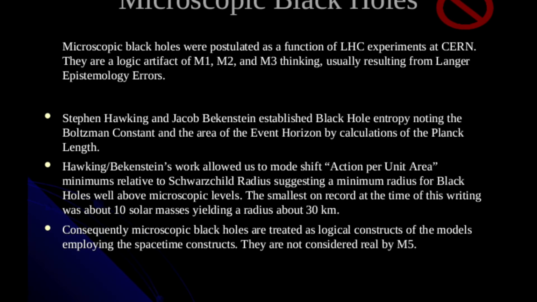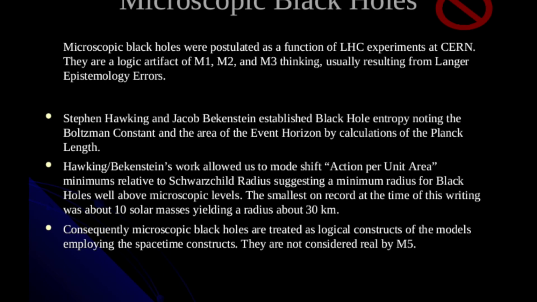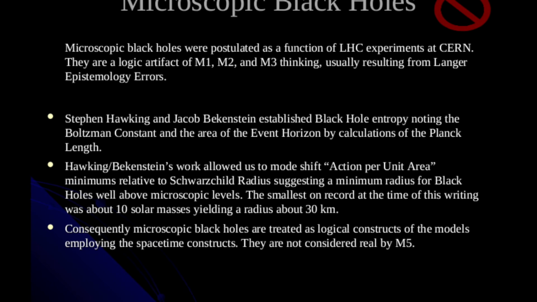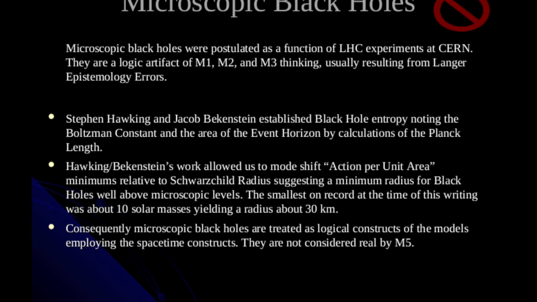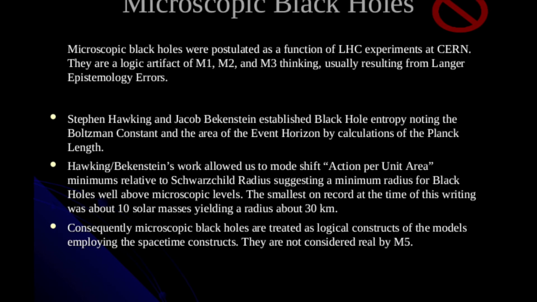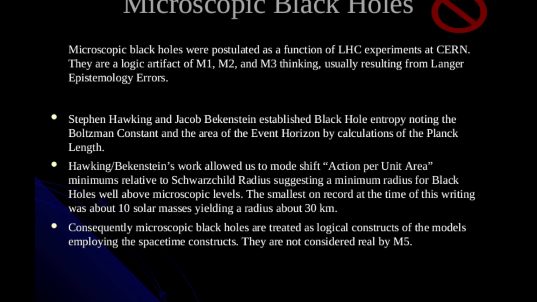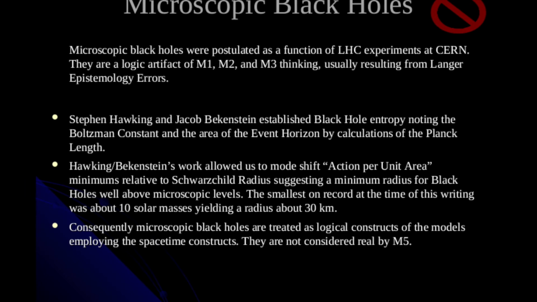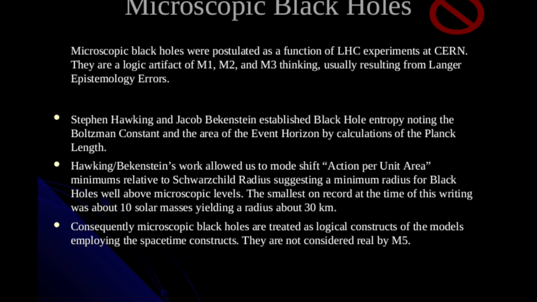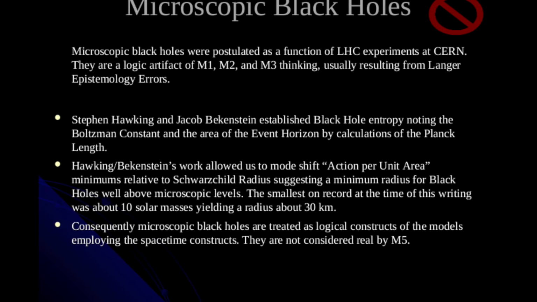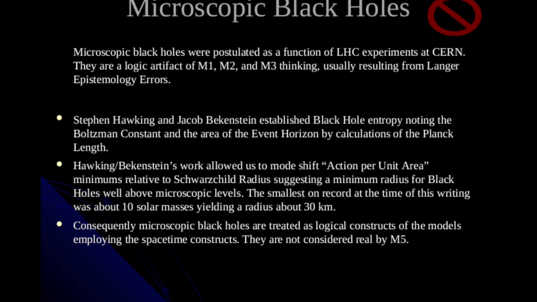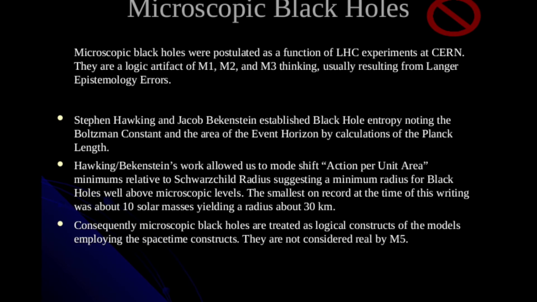When we start looking at M1 and M2 and we mode shift those experiments over, we find that there's an action per unit area minimum relative to the Schwarzschild radius, suggesting that there is a minimum radius for black holes. And the smallest black hole on record at the time that we looked through everything was about 10 solar masses, and it yielded a radius of about 30 kilometers.